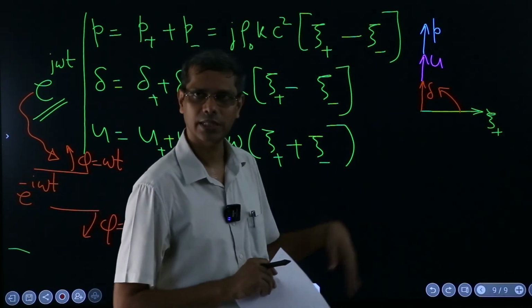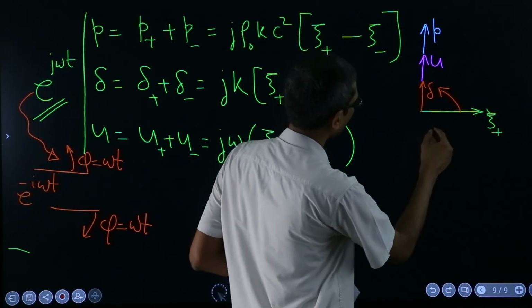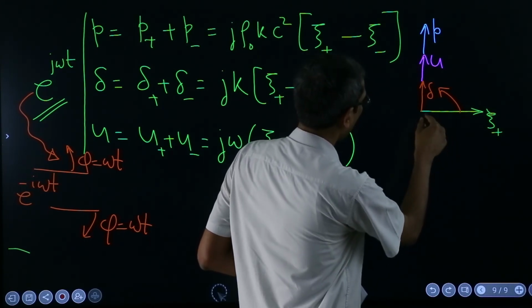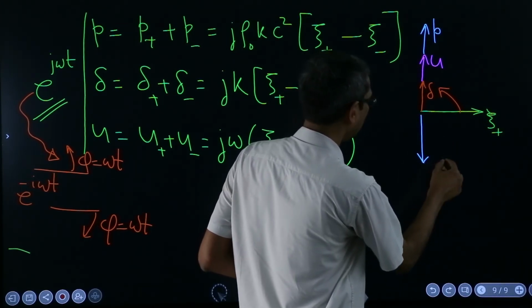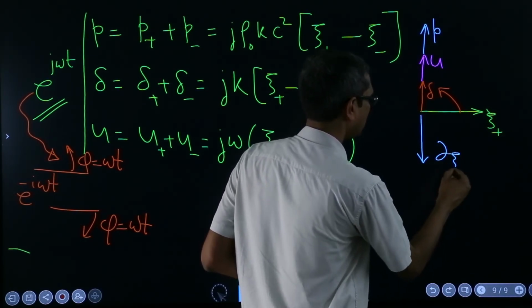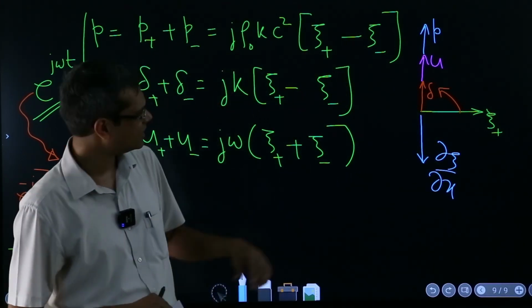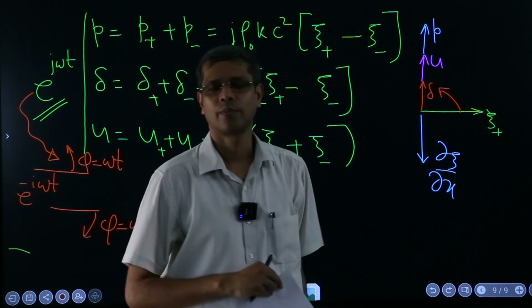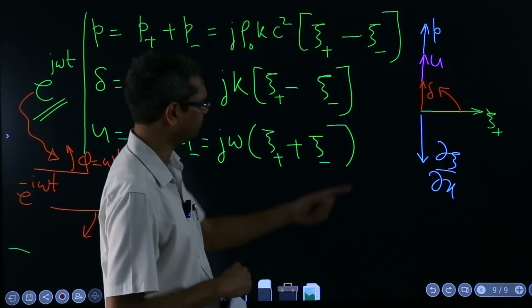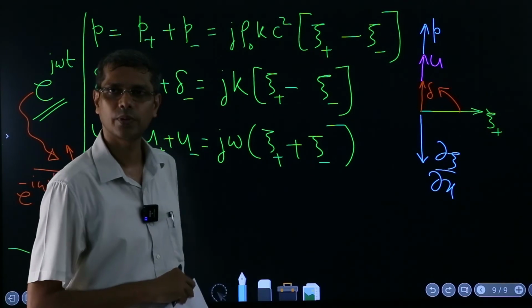Okay, this picture tells you that. And the d xi over dx is exactly in the opposite direction. So, this is lagging by 90 degree. Okay.